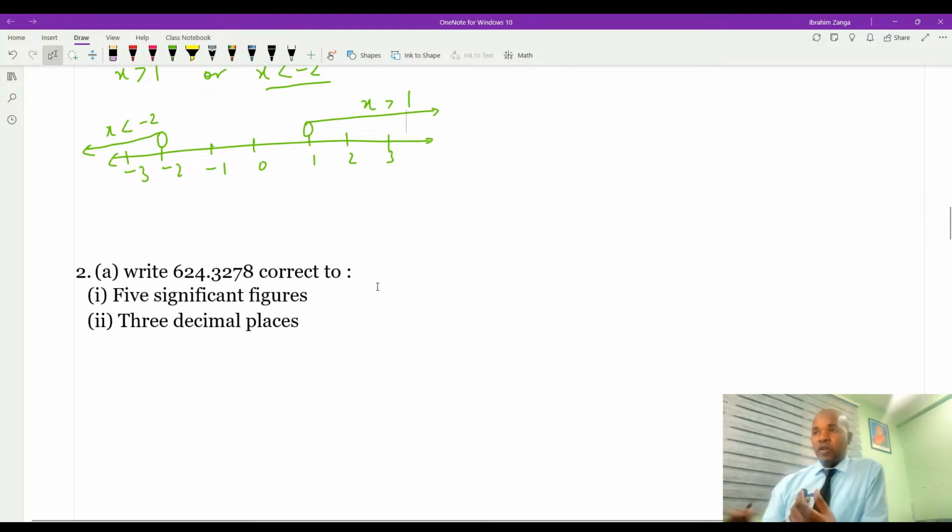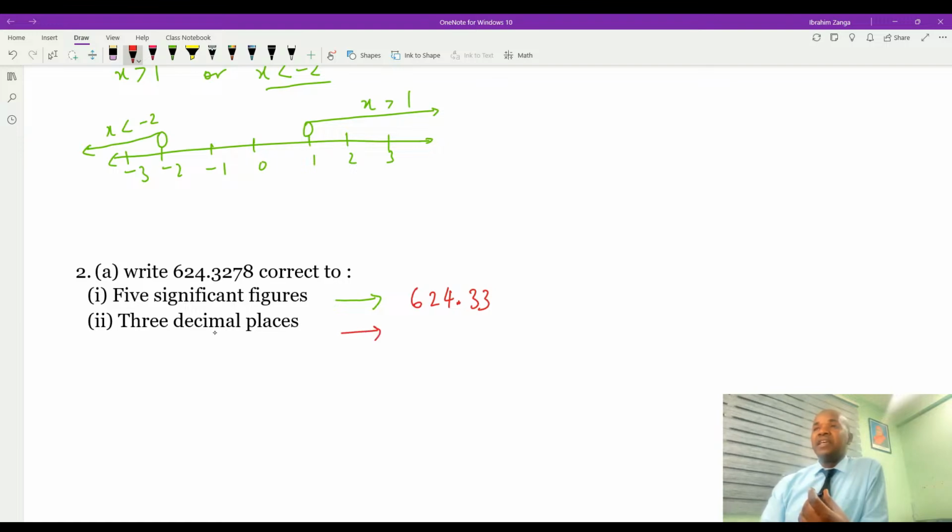624.3278 correctly to 5 significant figures. So you're going to write answers directly, that if this is going to be correct to 5 significant figures, this is going to be 624.33. 33 because after 2 here we have a number which is greater than 5.